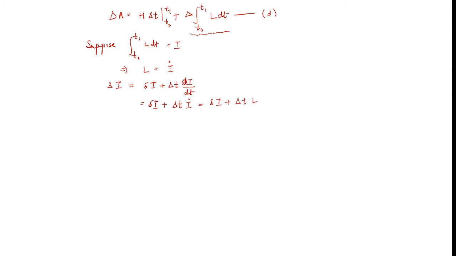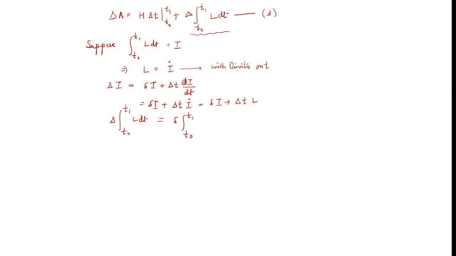So what I will have, if I put the value of I, delta of the integral from t0 to t1 of L dt is equal to delta of the integral, and naturally this L will have limits on t.